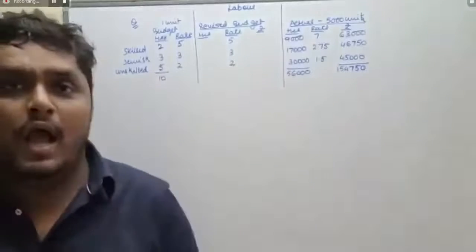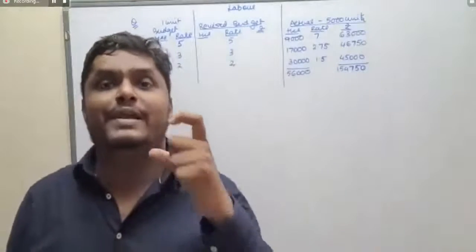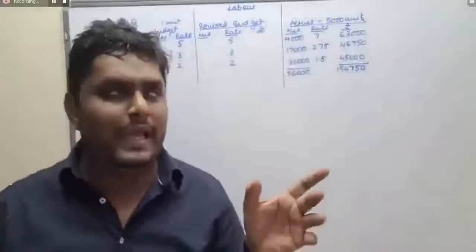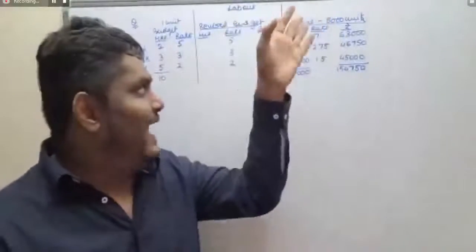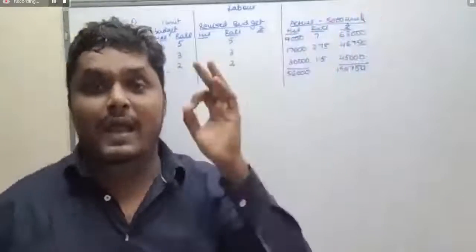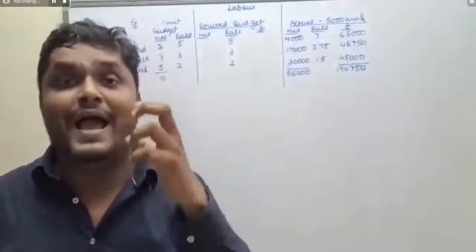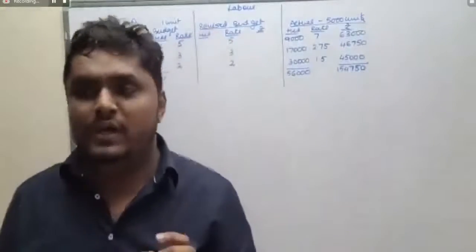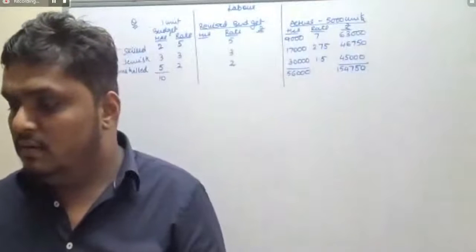How many hours were actually dedicated to manufacturing these 5,000 units? You have to calculate. How many hours it actually took is 9,000, 17,000 and 30,000. I'm just asking how many hours should actually be consumed for manufacturing these 5,000 units. Waiting for the answers, guys.